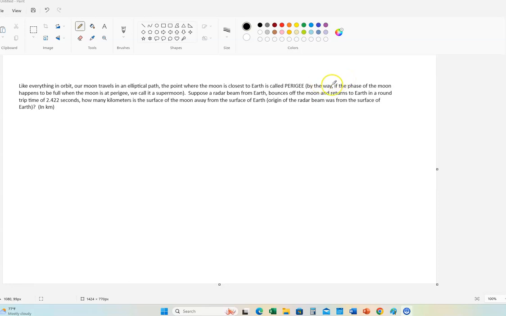By the way, this is just an aside that you should be aware of. If the phase of the moon is full when perigee occurs, so the moon is at the point where it's closest to the Earth, and coincidentally it's a full moon, which doesn't happen every single time, that's called a supermoon.